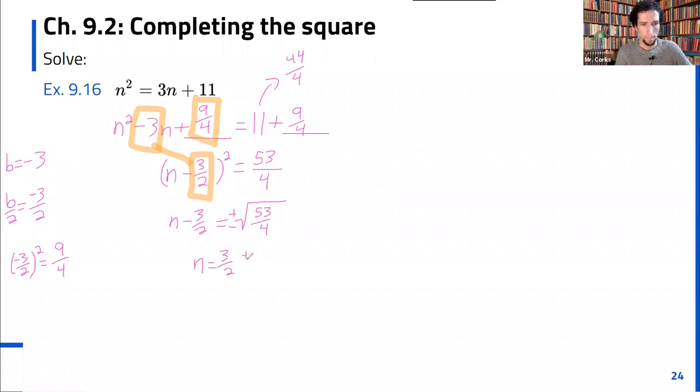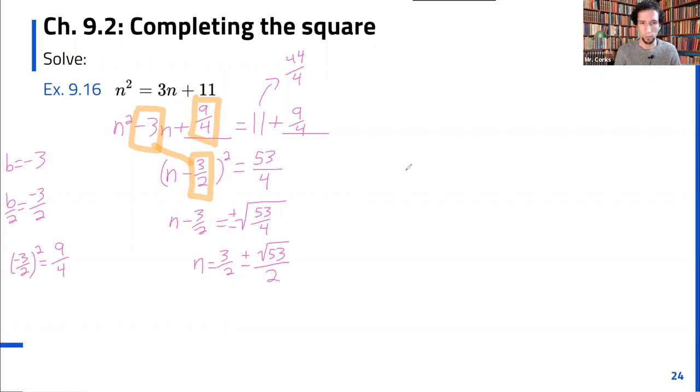Not really. Yes, we can. Square root of 53 over 2. Okay, so square root of 53, end of square root, then over 2.